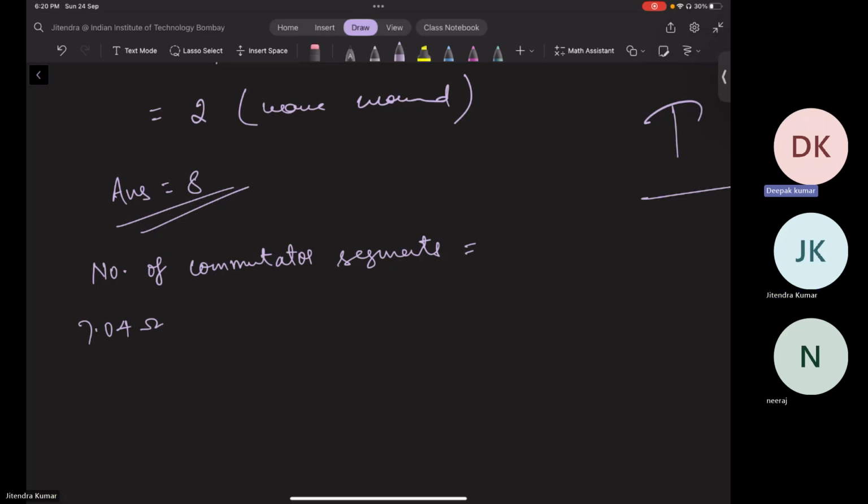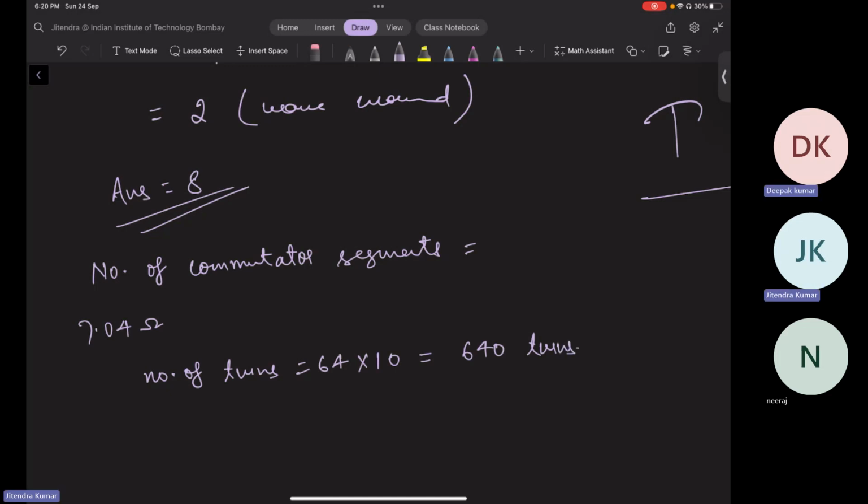Sir, since the number of coils is 64, and each coil has 10 turns, the number of turns will be 640. 640 turns, yes, that is fine.